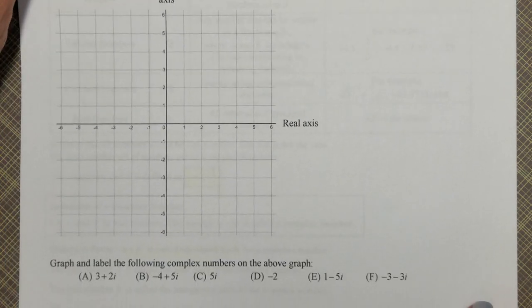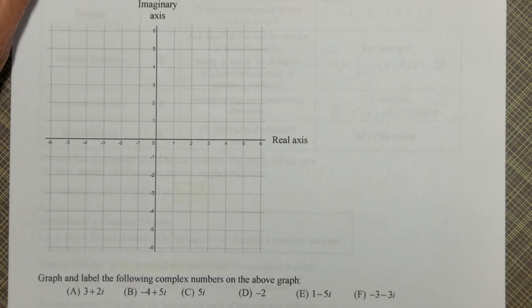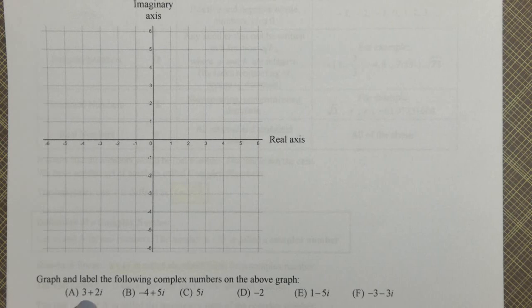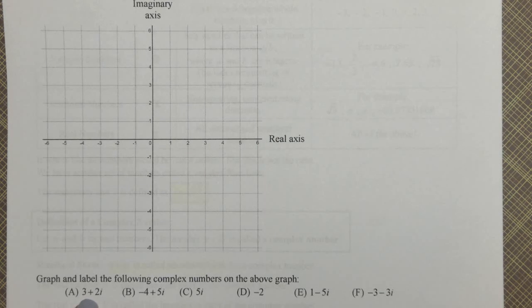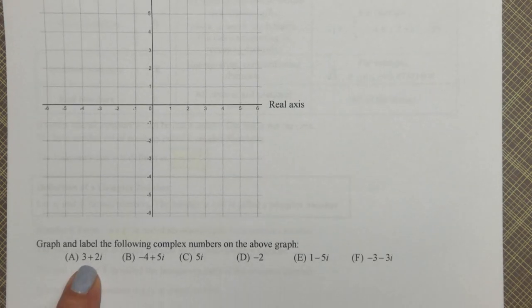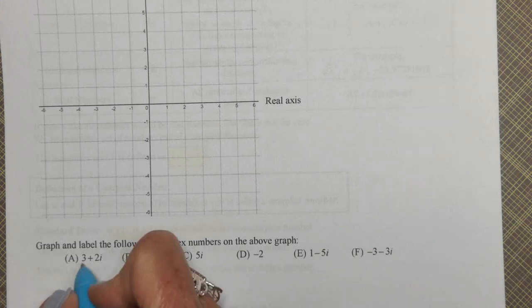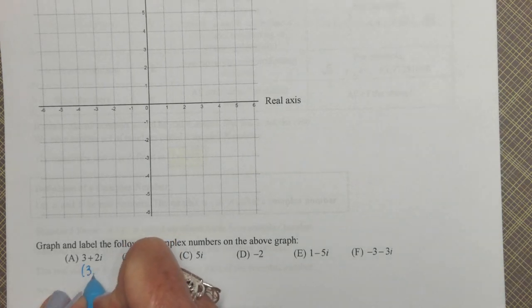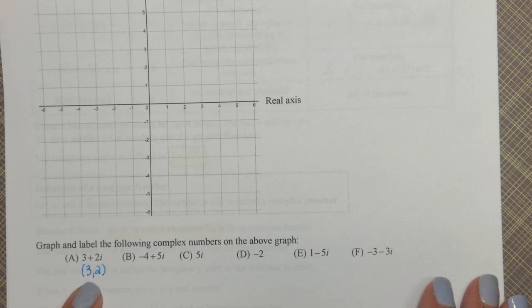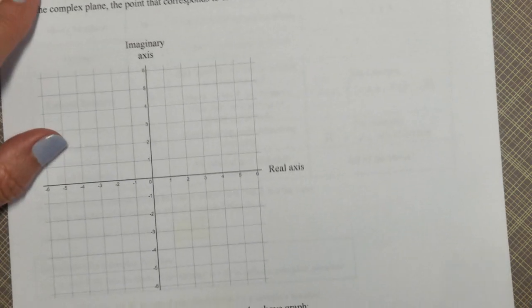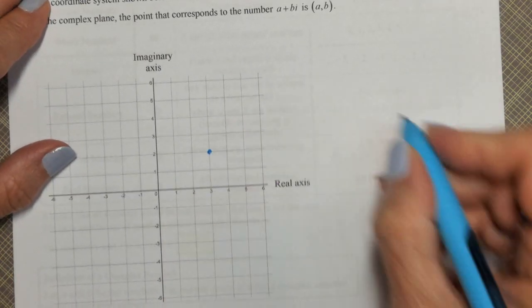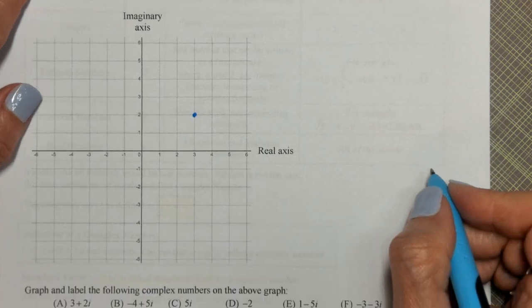So, I have some down here for us to graph. 3 plus 2i. I'm going to go to the point I'm used to graphing as (3, 2). So this is 3 plus 2i right there.